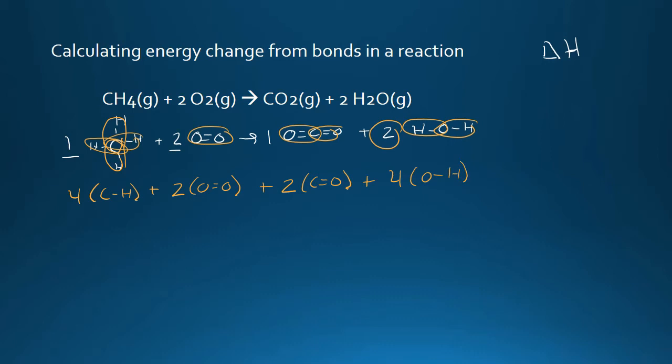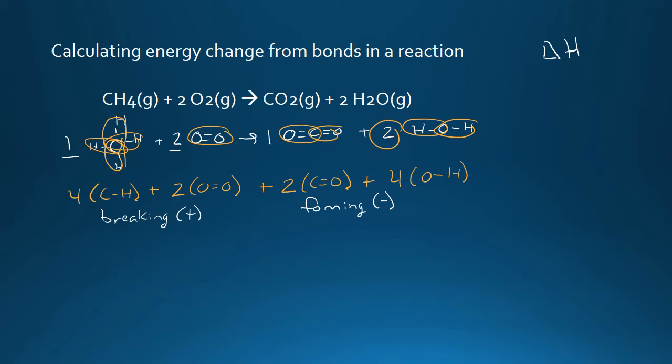Okay, so now, when you are breaking a bond, it is an endothermic reaction. So the values are going to be positive. When you are forming a bond, it's an exothermic reaction, so your values are going to be negative. The values you need to solve this problem are in section 11 of your data booklet.